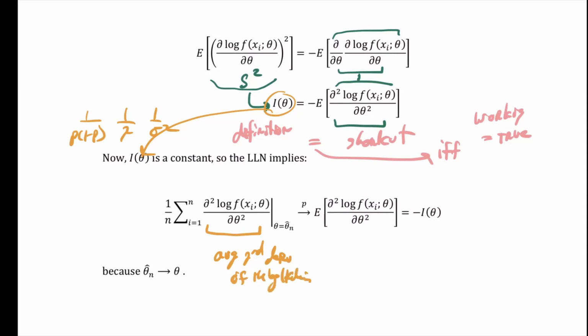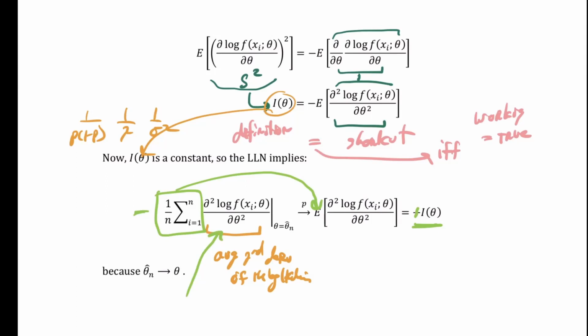And so what do we know by the law of large numbers? Well, the law of large numbers turns sample averages into population averages. Boom. And then this is the expected value of this thing, which is the negative of the information. So you just have to pay attention to a sign. I can put the negative over here and make this a positive if I want. So I can move that from side to side. The important thing is when I calculate this second derivative, I have to calculate it at a particular value.